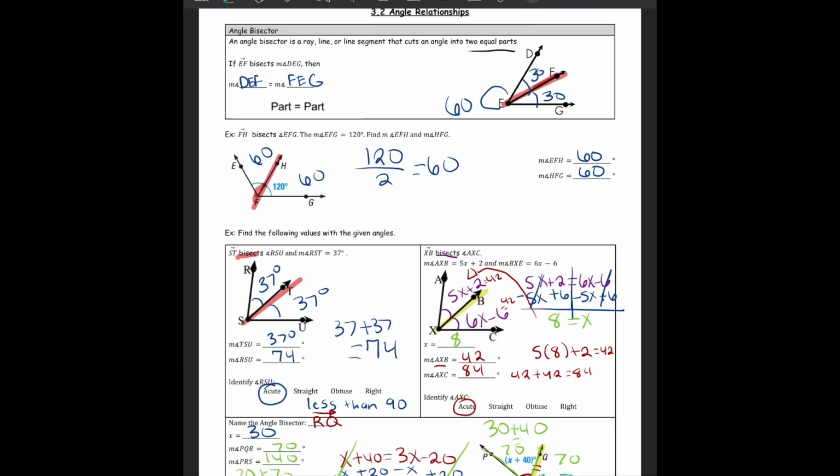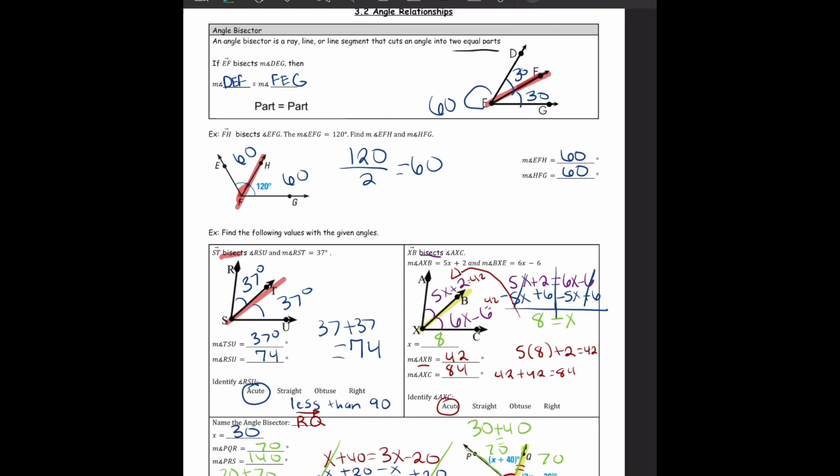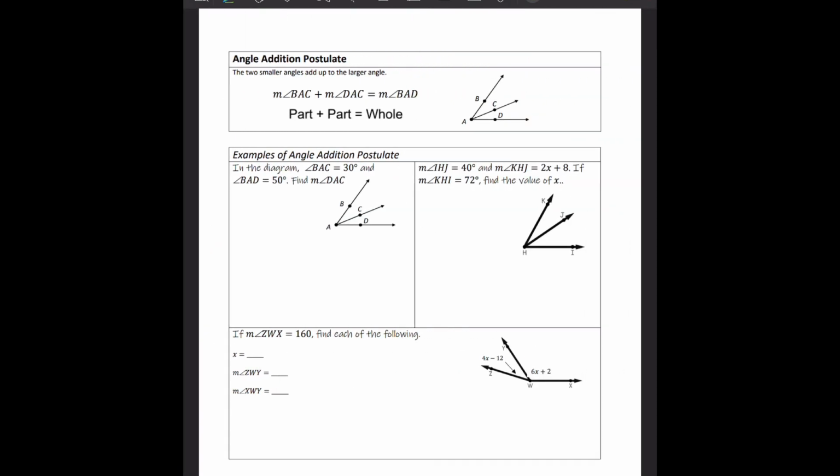Alright, so that was angle bisector. If you flip it to the back, the last part is angle addition. So angle addition is your part plus part equals whole. It tells us measure angle BAC, so this is our part, and DAC, another part, equals the whole, which is BAD.